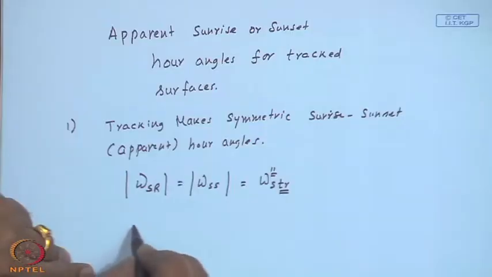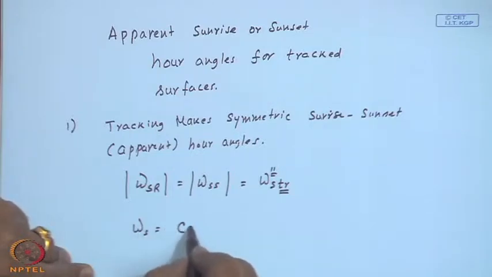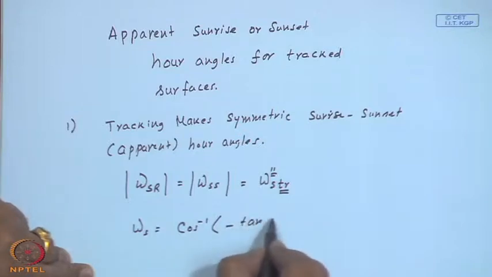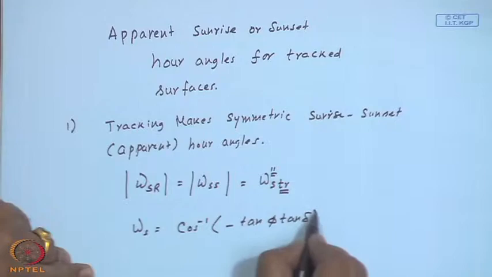So, physical sunrise sunset is given by omega S equal to cos inverse of minus tan phi tan delta. You can recall one of our very early equations.